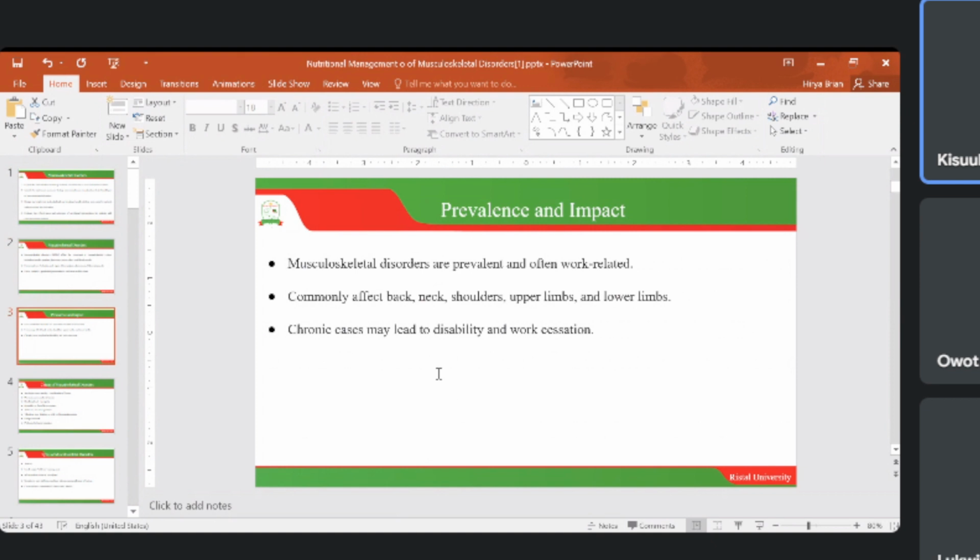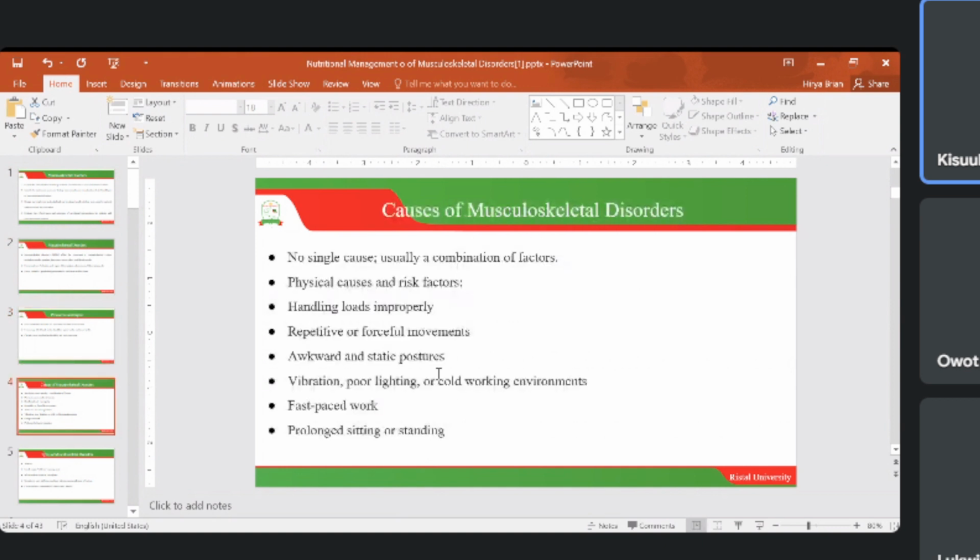So when we talk of rheumatoid arthritis or other forms of musculoskeletal disorders, at a particular point in time, if it is chronic, long lasting, or people are exposed to this condition over a prolonged period of time, this could lead to permanent disability and work cessation. Remember, when you're disabled, you really can't do the work.